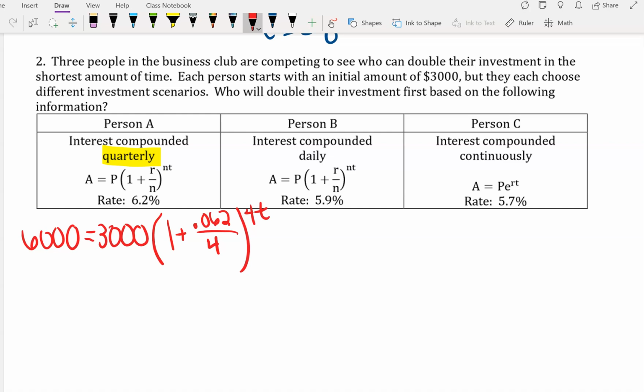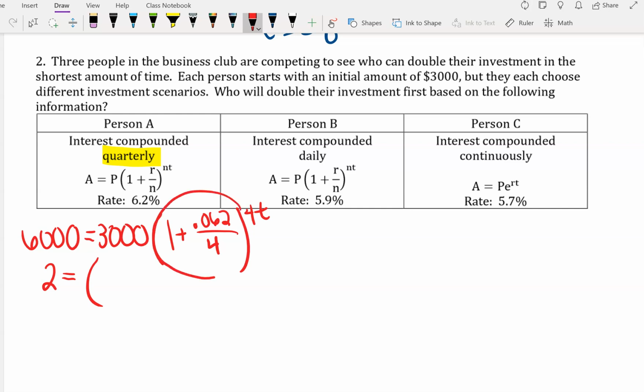So same thing, we're just going to simplify. We're going to get this by itself and then log both sides. So I'm going to get rid of the 3,000, divide both sides by 3,000. I'm not going to take the time to write all that. If we divide 6,000 by 3,000, we're going to get 2.